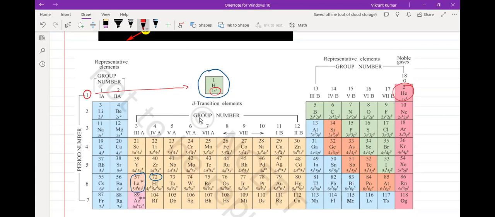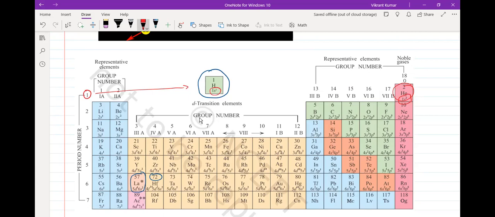Now if you see the configuration, 1s1 is the configuration of hydrogen, 1s2 is the configuration of helium. Now when to change the row, that means when to change the period, for that there is a rule that in the nth period, the np subshell of that period will be completely filled, except the first one, because the first one doesn't have a p subshell, है ना, 1s होता है, 1p होता ही नहीं, and that's why in the first period we are filling 1s1 and 1s2.